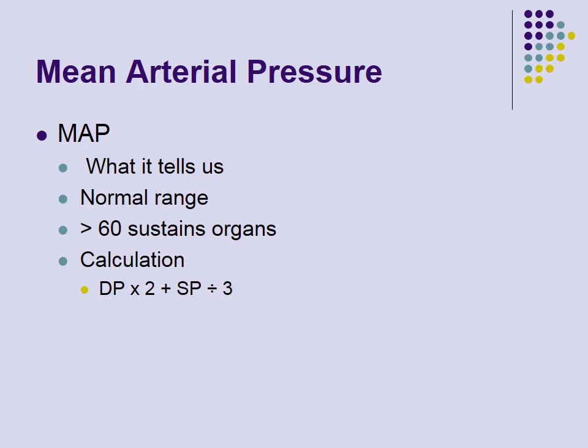So if we look at that, 50 times 2 is 100, plus 100 equals 200, and divided by 3 is going to be somewhere around 65, 70. I don't have my calculator in front of me, but I'm definitely okay. So you can do some calculations to get yourself better at this, but the reality is we all have that mean arterial pressure on that machine, and we're going to use it.